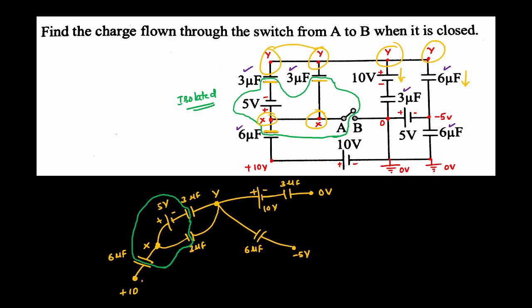So I'll be marking some charge flow here. Let me guess like this. Since this is plus at X, I'm just guessing that this might be Q1. If this is Q1, let me say this is Q2, that is Q3, and Q2, Q3 will go like that. Then this might be Q4, that may be Q5. I'm just guessing this randomly.